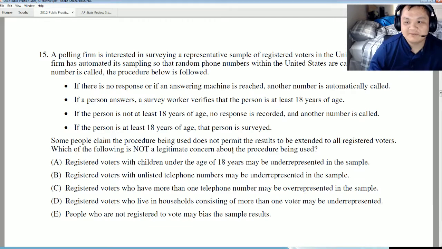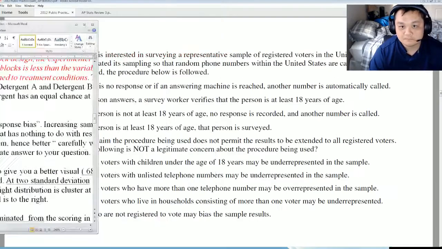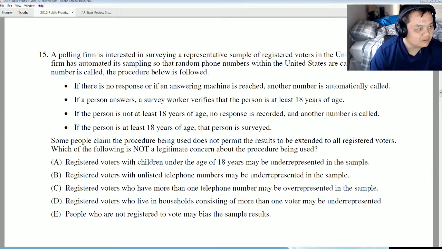All right, 15. Let me give you some context because this question might not make sense to you.